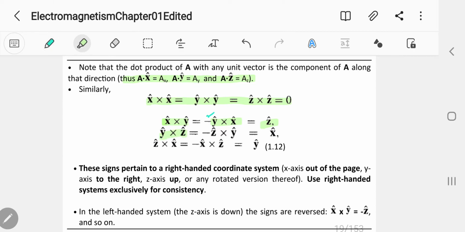For y cross z, this is also equal to negative z cross y. If you interchange the order, that is x. And then z cross x, that is negative x cross z, and that is equal to y. So again, use your right-handed coordinate system in order to get the correct direction.